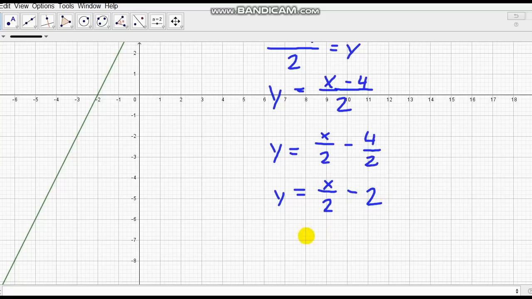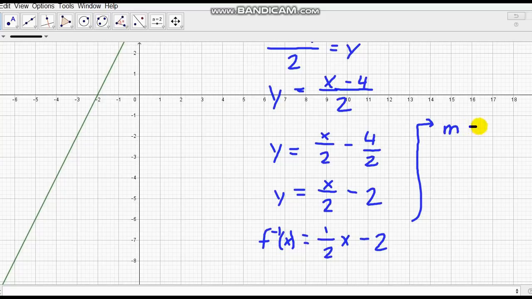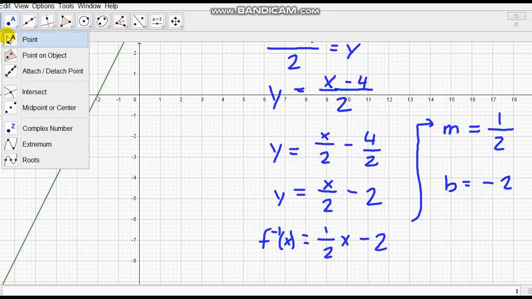Since x over 2 is 1/2 x, we'll just write it that way, minus 2. So this is now our inverse. Let's replace y with f inverse of x, or the inverse of f of x. So 1/2 x minus 2. Therefore, the slope is 1/2 and the y-intercept is negative 2.